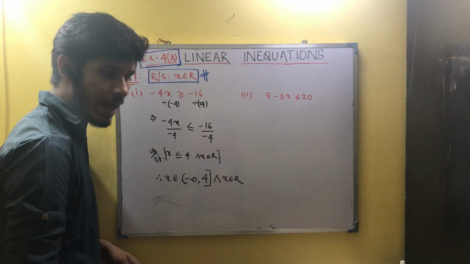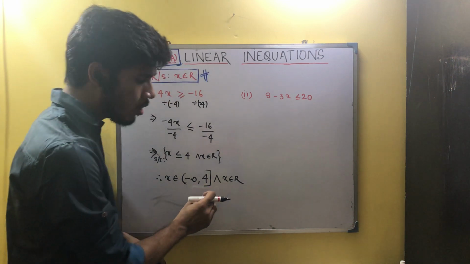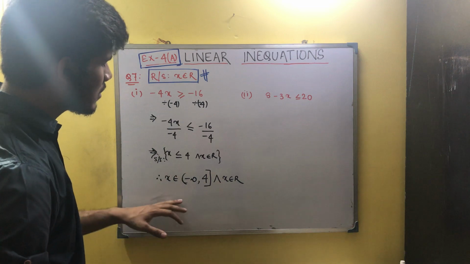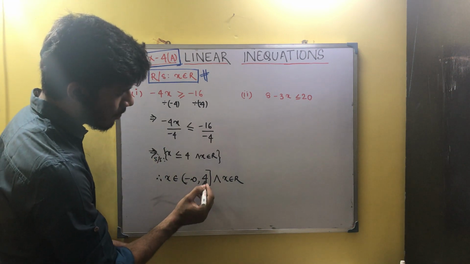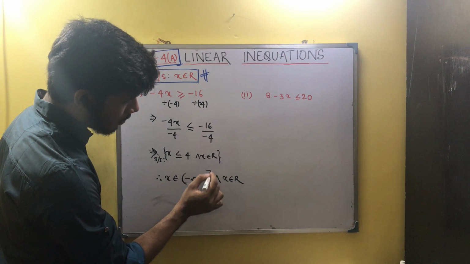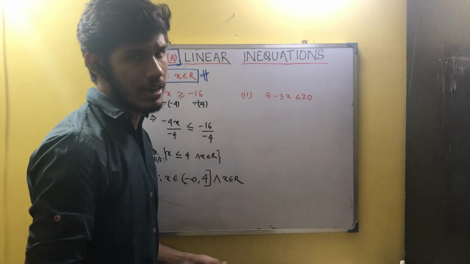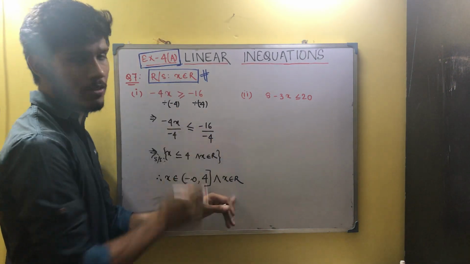This is the sign of and, which means that x belongs to minus infinity to 4 and x belongs to real numbers. If you state it this way, someone will definitely understand that you are talking about all the possible numbers less than or equals to 4, and they will also understand the replacement set.